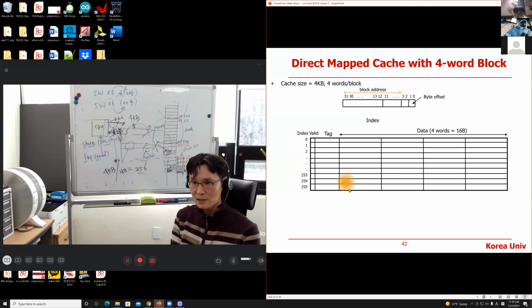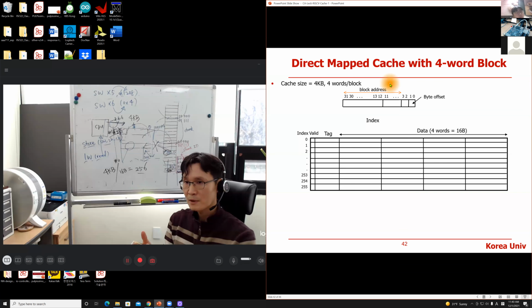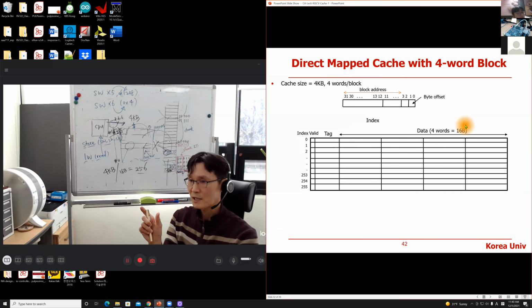Then block address. Because cache access is based on block address, what is block address? You're talking about a 16 byte block size, which means you ignore the last 4 bits of the address.